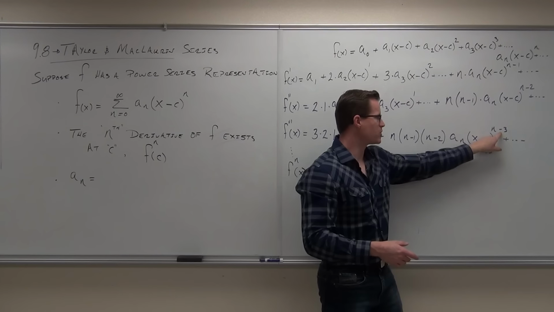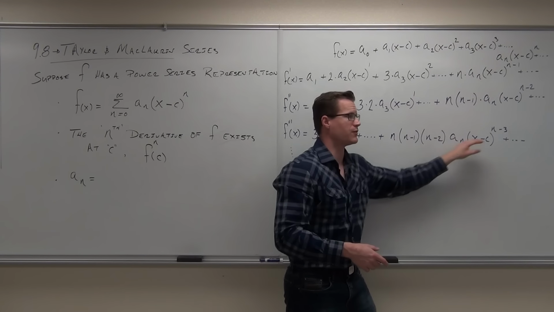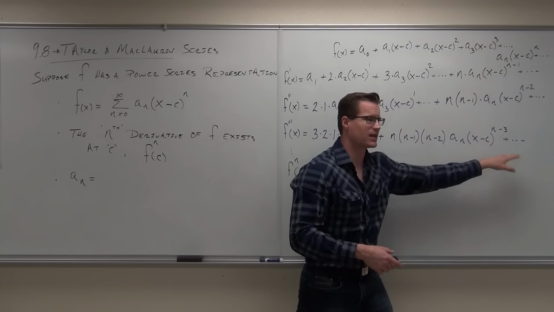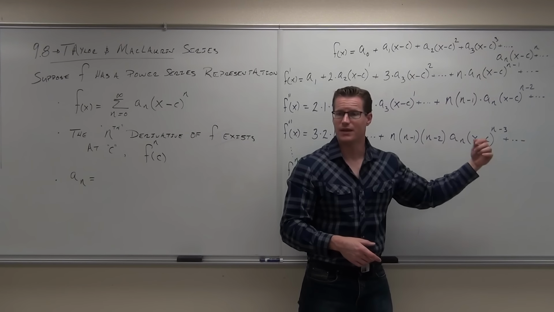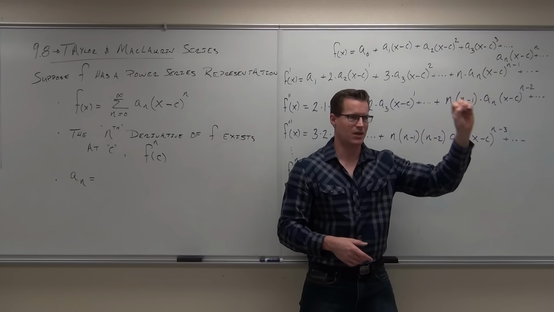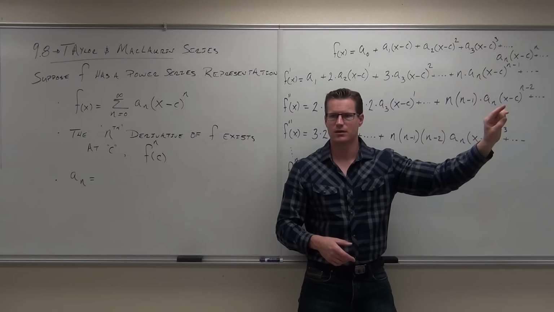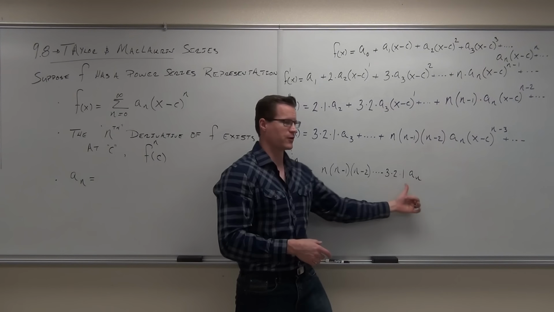My next derivative, I bring down n minus 4, n minus 5, all the way until I get to n minus 1. And that would give me my 2, and then my 1, and then I'd have a sub n, but then I'd have x minus c to the 0. Because at my nth derivative, it'd be n minus n. And my n minus n would give me 0. Anything to the 0 power gives me 1. This would be my very first term.